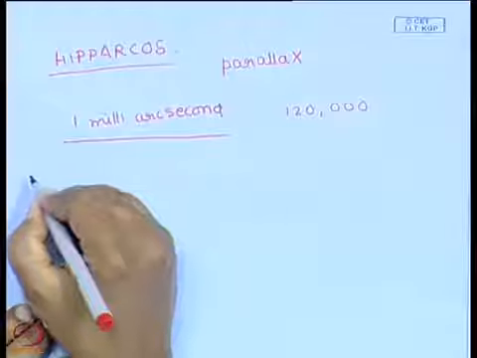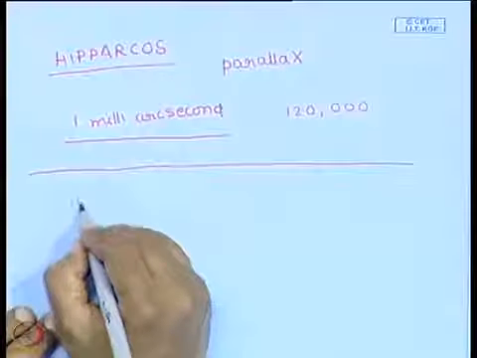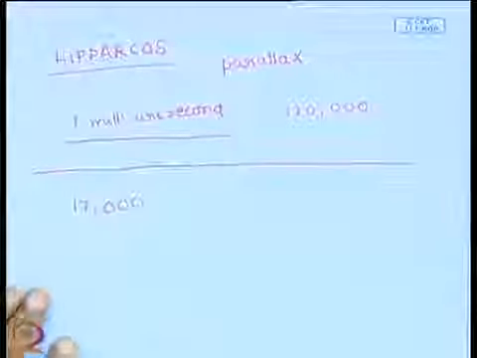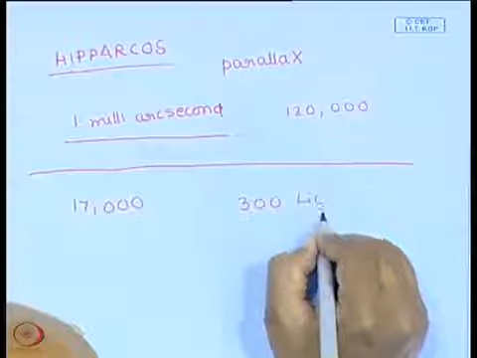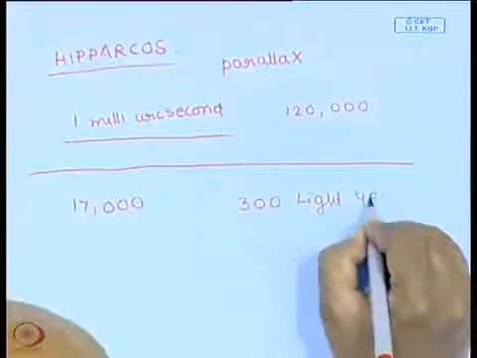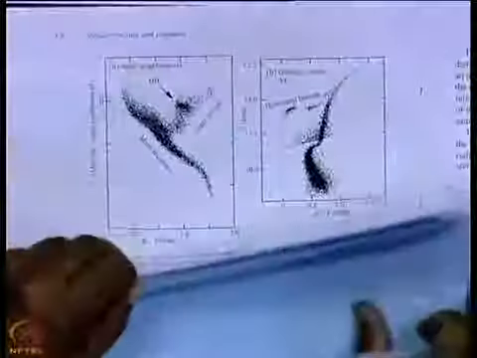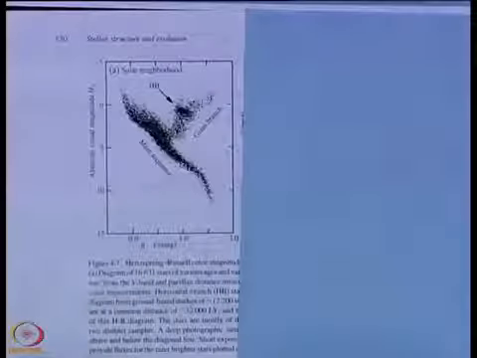So, let me show you an HR diagram made with the Hipparchus data. It has around 17,000 stars within 300 light years. Let me just draw your attention to this particular HR diagram.